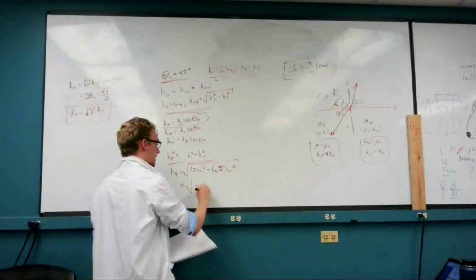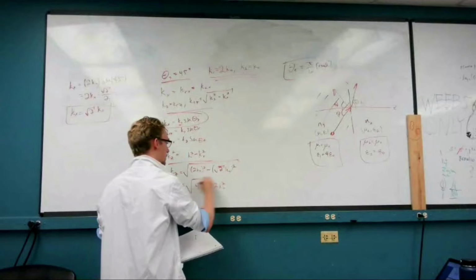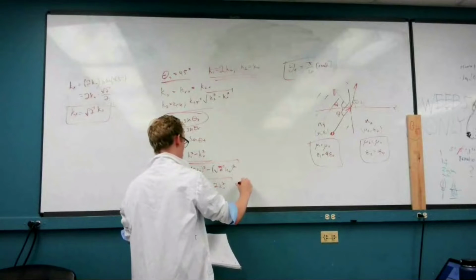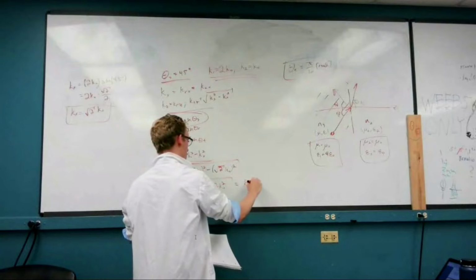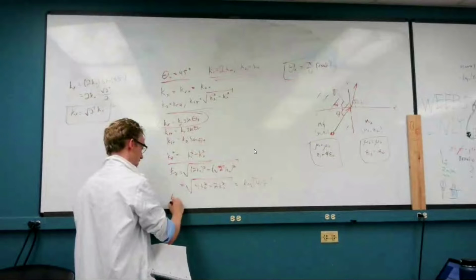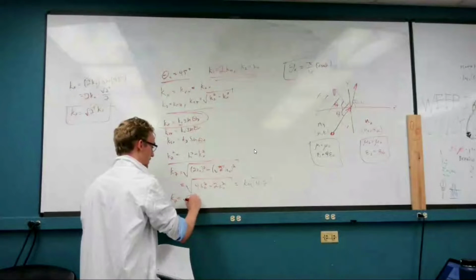We have 4 k naught squared minus 2 k naught squared. Factor the k naught squareds out. We end up getting k naught square root of 2. Surprise, surprise, kz equals square root 2 k naught.